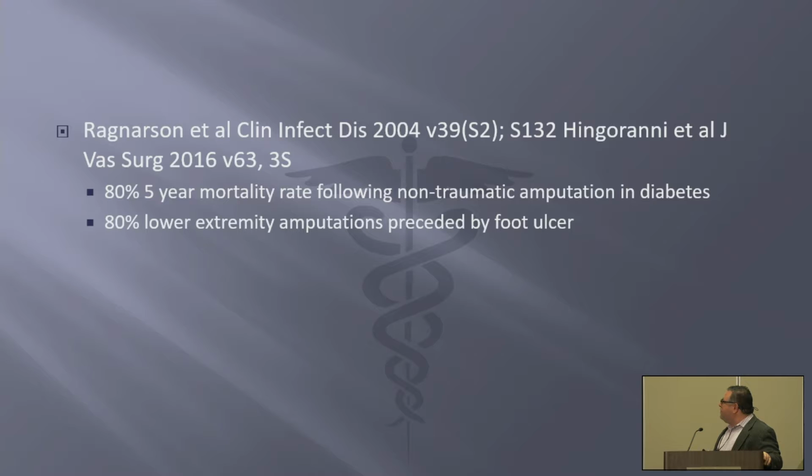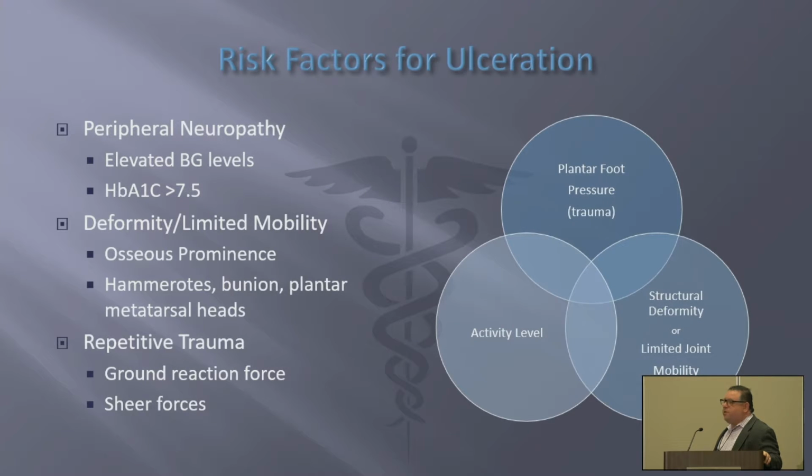This is one of the first to really look into that: 80% 5-year mortality rate following non-traumatic amputation in diabetes, and that's a pretty high one. And of course, 80% of lower extremity amputations are preceded by a foot ulcer. So the majority of lower extremity amputations are non-traumatic amputations.